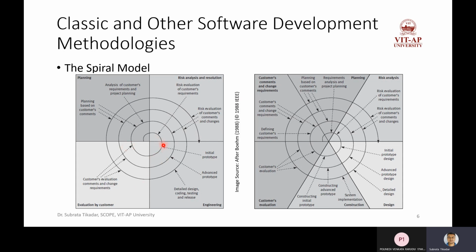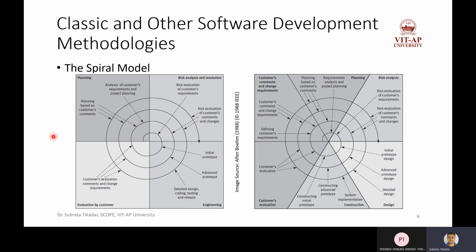See here again, the development life cycle processes are followed. Maybe not exactly whatever is there in the waterfall model, but some of them are followed. Like planning is there, requirement gathering is there, then designing is there, then building or coding is there, then customer evaluation is there. Not all, but some of the stages are followed. At the same time, you can see that the prototype model is also there, which is implicit.